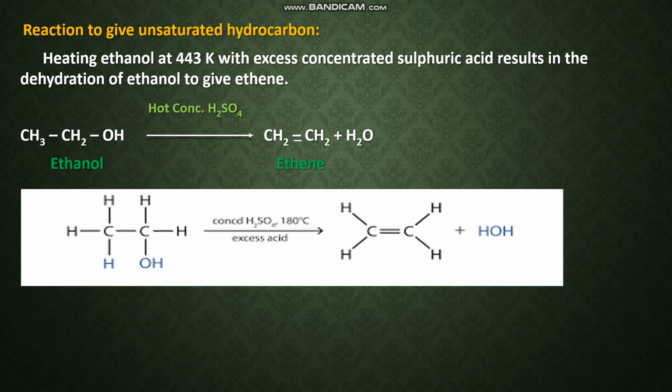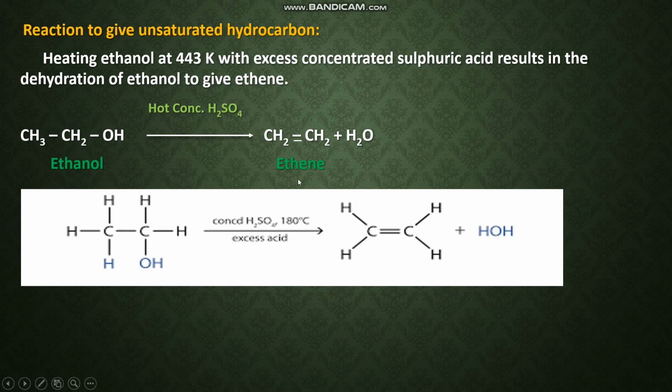That is addition, something is added there. Here something is eliminated. H and OH is eliminated as water, and the single bond will become the double bond. So we'll get CH2 double bond CH2, that is the ethene. This HOH is the water. So when ethanol is heated with hot concentrated sulfuric acid, H and OH is eliminated as water and the single bond becomes the double bond. We are getting the products ethene and water.